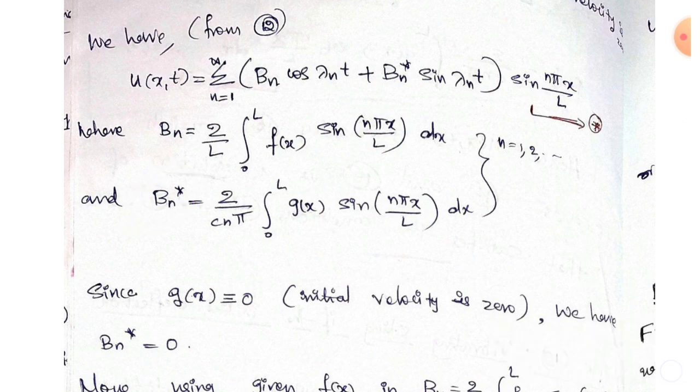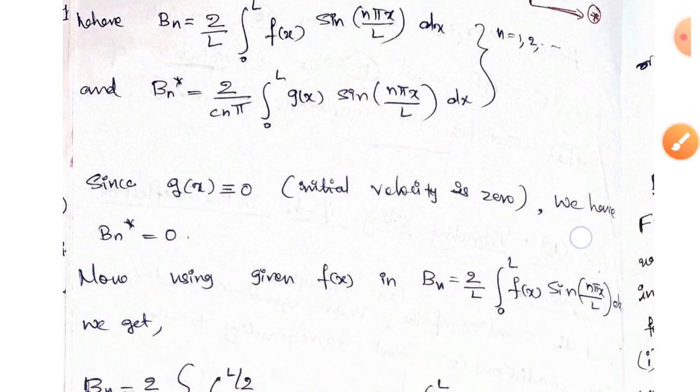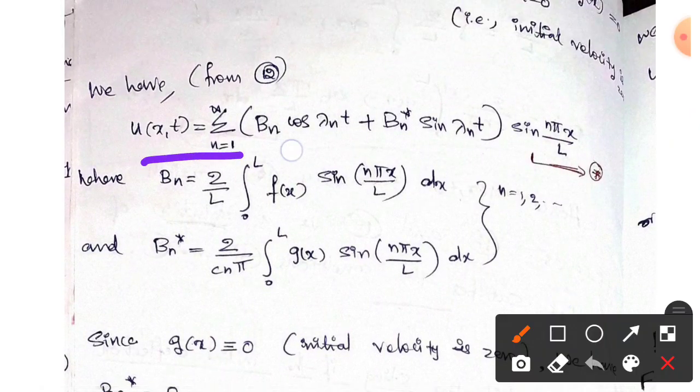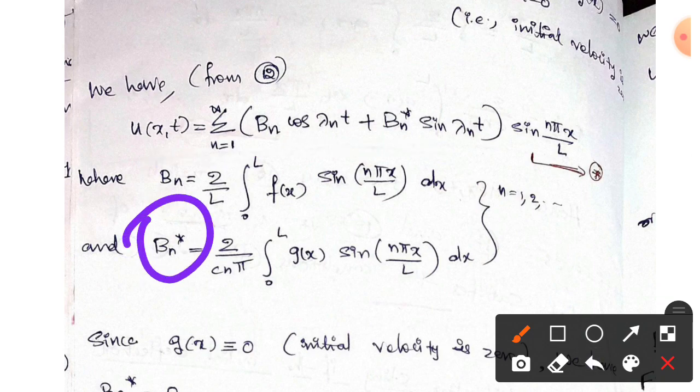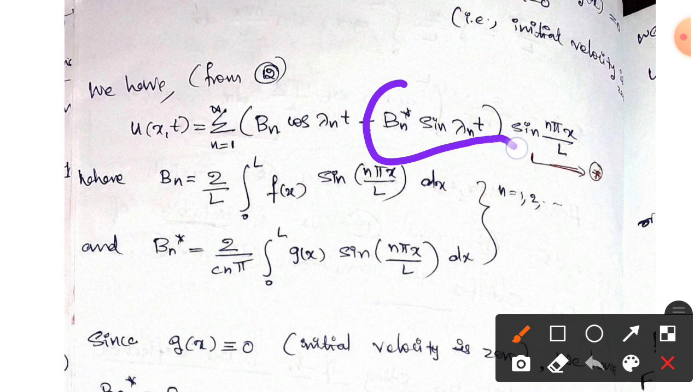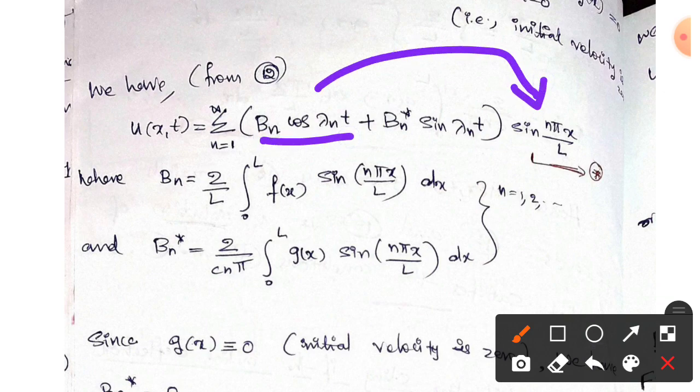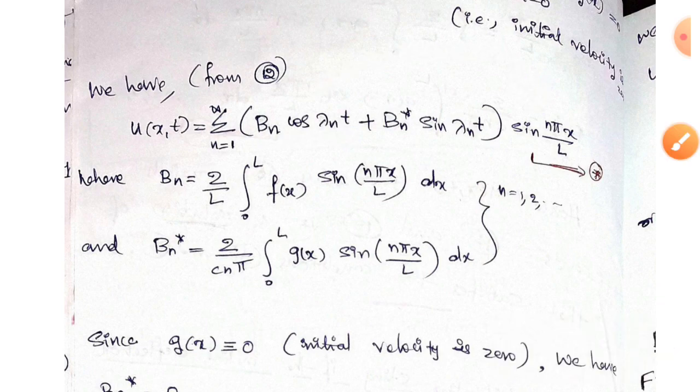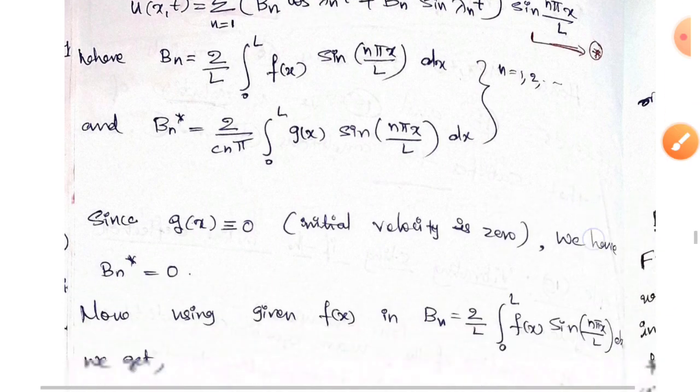In the formula Bn star is 0 since the initial velocity is 0, so this term completely becomes 0. What remains is Bn cos lambda n t into sin n pi x by L.